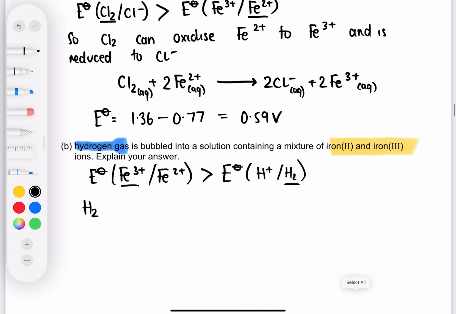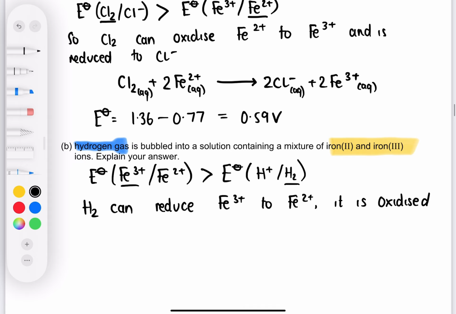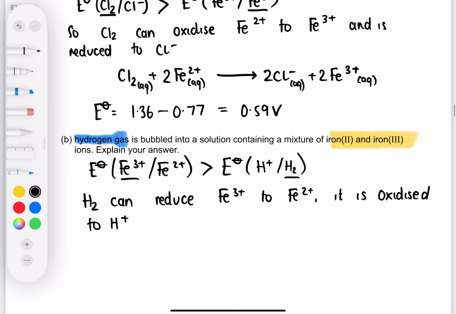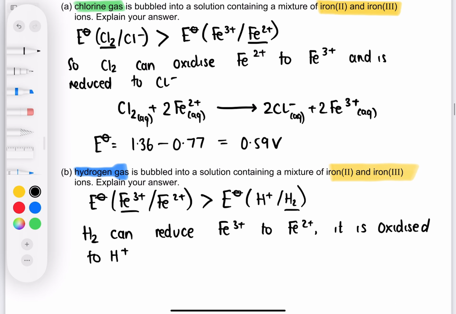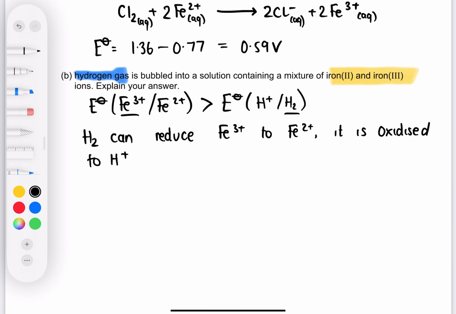Hydrogen is on the right, so it's a reducing agent, can reduce Fe3 plus to Fe2 plus. It is oxidized, because it's the reducing agent, to H plus. And then we're going to put those two equations together again, remembering to double the Fe one.